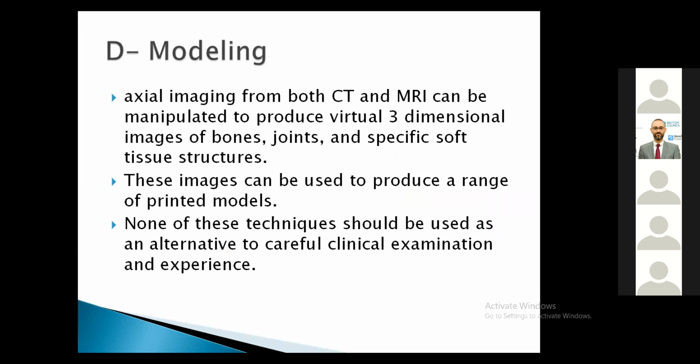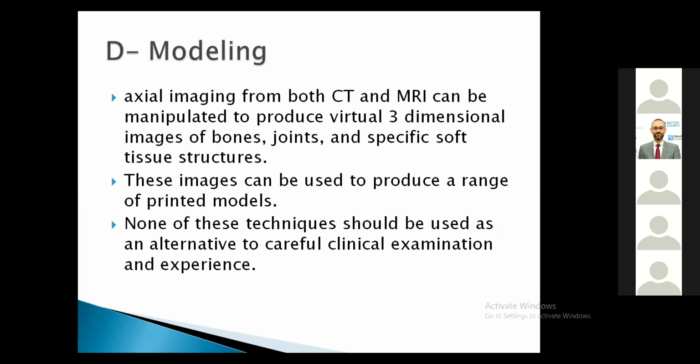Modeling. Axial imaging from CT and MRI can be manipulated to produce virtual three-dimensional images of bone, joints, and specific soft tissue structures. These images can be used to produce a range of printed models. None of these techniques should be used as an alternative to careful examination and experience.